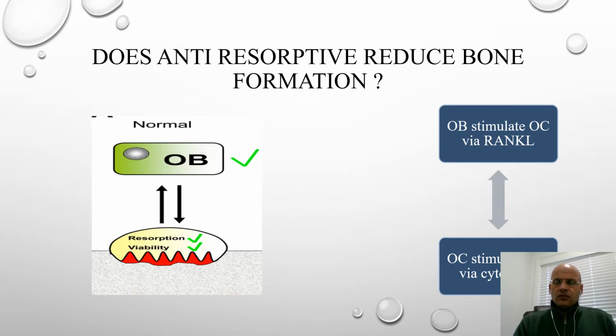When the osteoclast is stimulated, it also stimulates the osteoblast via multiple cytokines. The other way around is true. If the osteoblast is stimulated for whatever reason, it will stimulate the osteoclast via the RANK ligand.